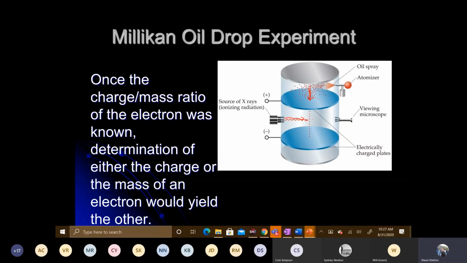When it hits the oil droplets, it causes them to be charged. And if you notice, there's a positive and negative charge. These were connected to a battery, and when that battery was turned on, it sent a charge in here.